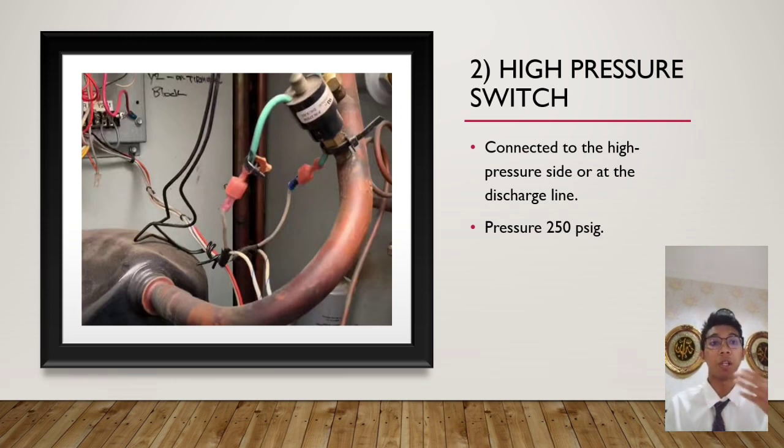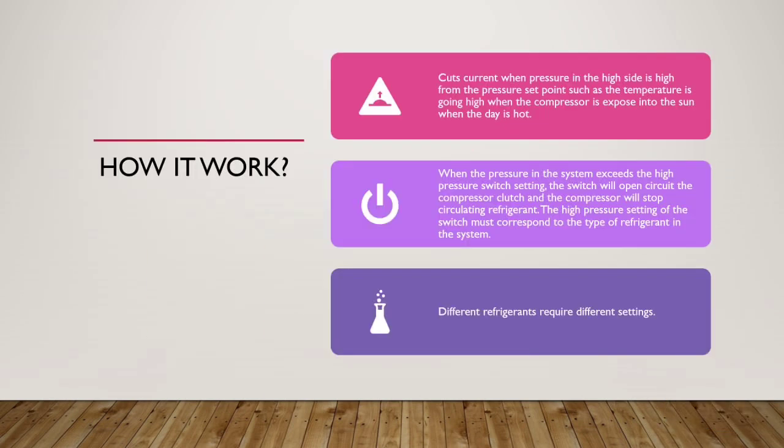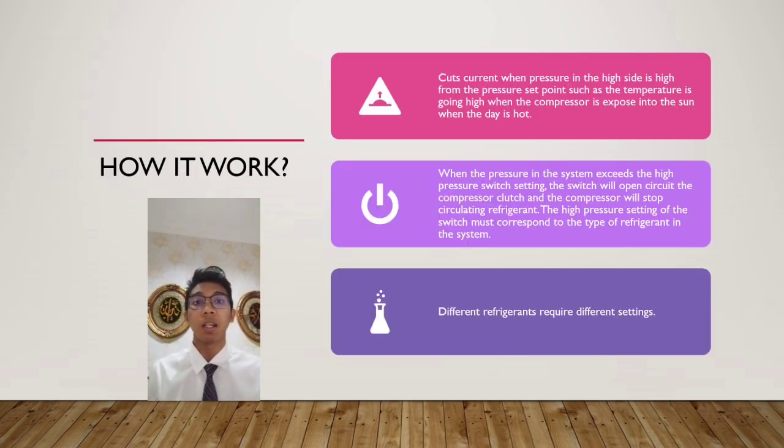Next is the high pressure switch. The high pressure switch can be found at the high pressure side or at the discharge line. The pressure for the high pressure switch is 215 psi G. Next is how the high pressure switch works in the air conditioning system.